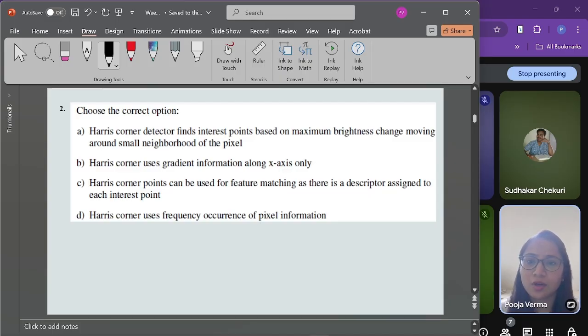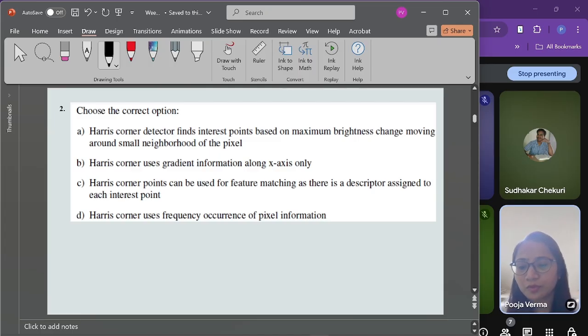Option B is Harris corner uses gradient information along the x-axis only. Option C is Harris corner points can be used for feature matching as there is a descriptor assigned to each interest point. And option D is Harris corner uses frequency occurrence of pixel information.